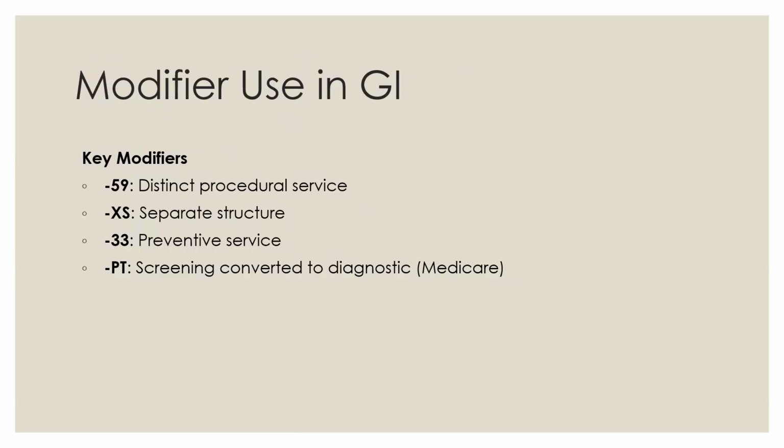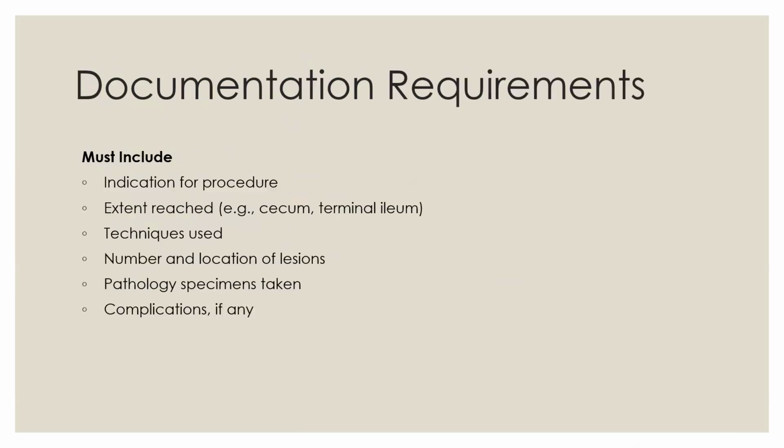Modifiers are critical in GI coding. For example, modifier PT tells Medicare that a screening colonoscopy turned diagnostic, which affects patient cost sharing. Coders should always verify that the physician documented the furthest extent reached.